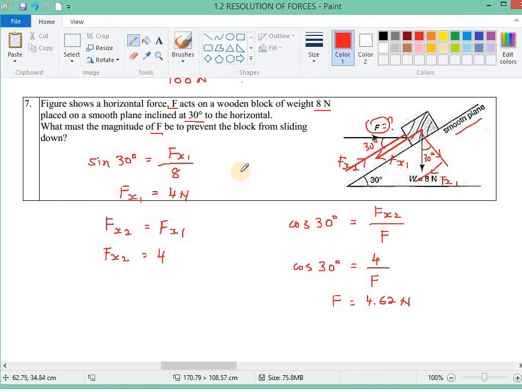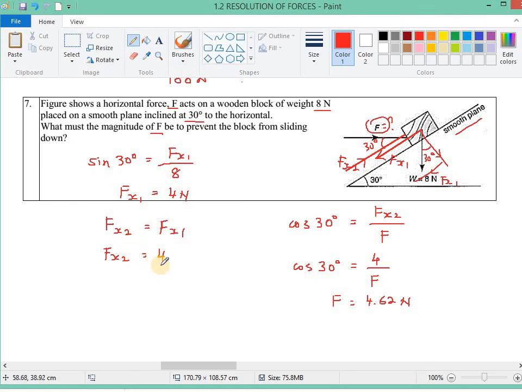Alright. So again, this Fx1 is the force that is parallel to the inclined plane. This Fx1 is a component of the weight, and it can make the wooden block slide down. So in order to stop the wooden block from sliding down, you need Fx2, which is in the opposite direction of Fx1. This Fx2 is the component of the force F. Here we calculate that Fx1 is equal to 4 Newton.